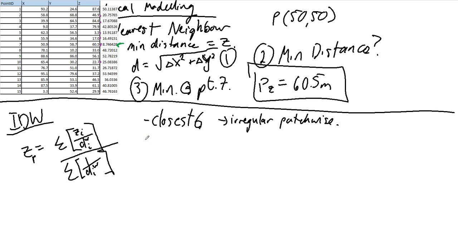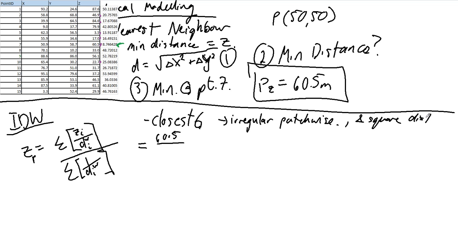So what that looks like now is, my Z_P is equal to, on my numerator, which is going to look huge even though I'm only using 6 points, I use the Z value, so I use 60.5, and I divide that by the D value. Now if I was to square, let's just use squaring. I'm going to square the distance.